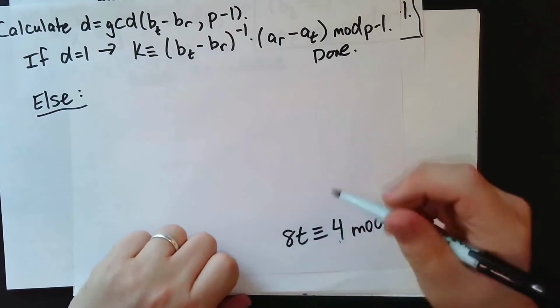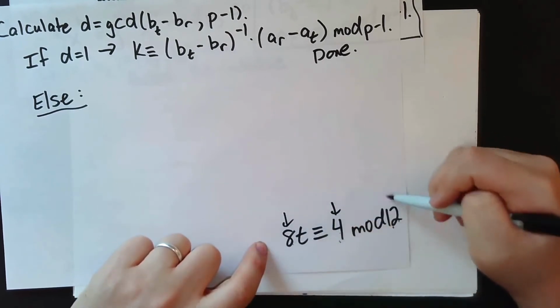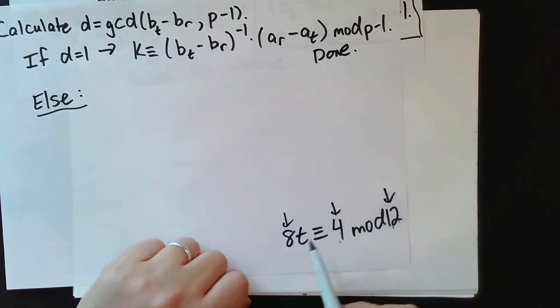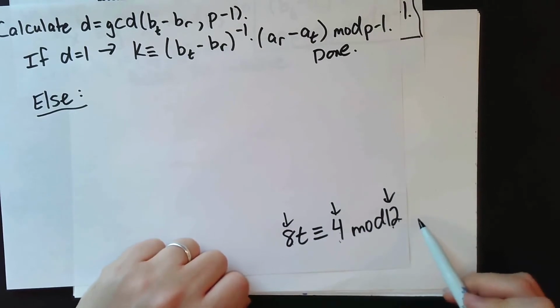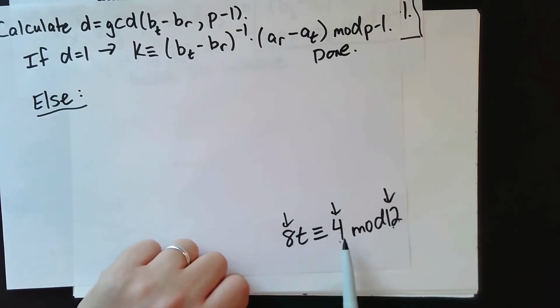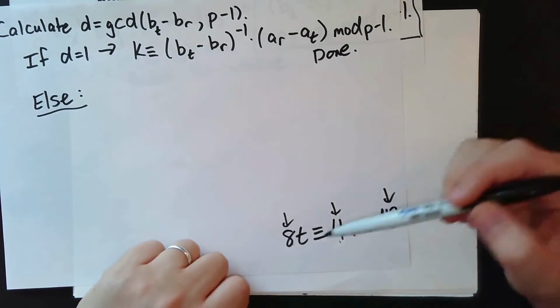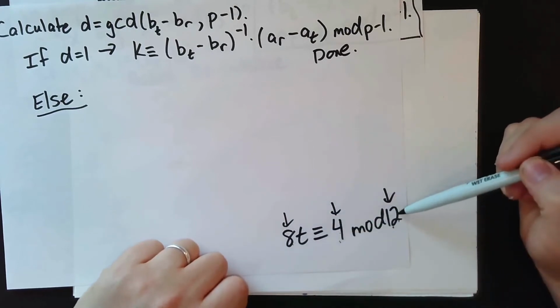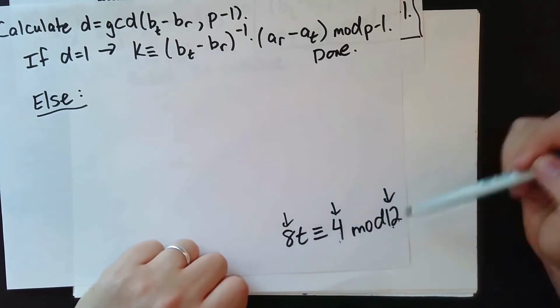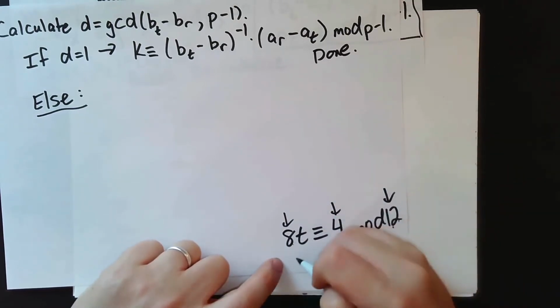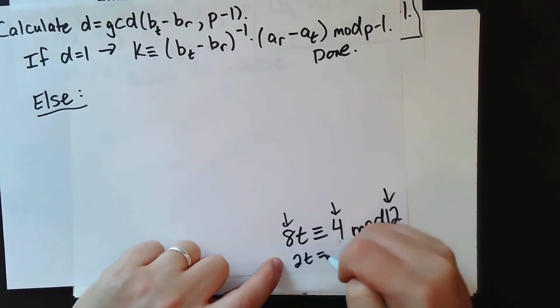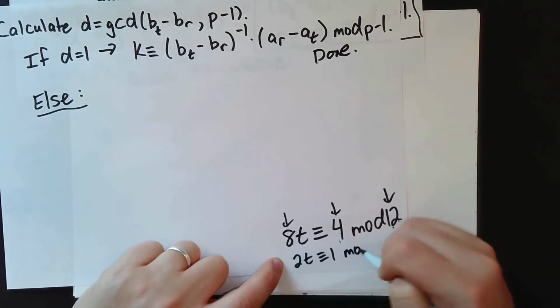If some number divides all of these pieces, you can actually divide all 3 of them by that number. So in this case, I'm going to divide 8, 4, and 12 by 4. And note, I'm dividing the integers 8, 4, and 12 by 4, because again, I can't divide by 4 mod 12. But what that will give me is that 2t is congruent to 1 mod 3.